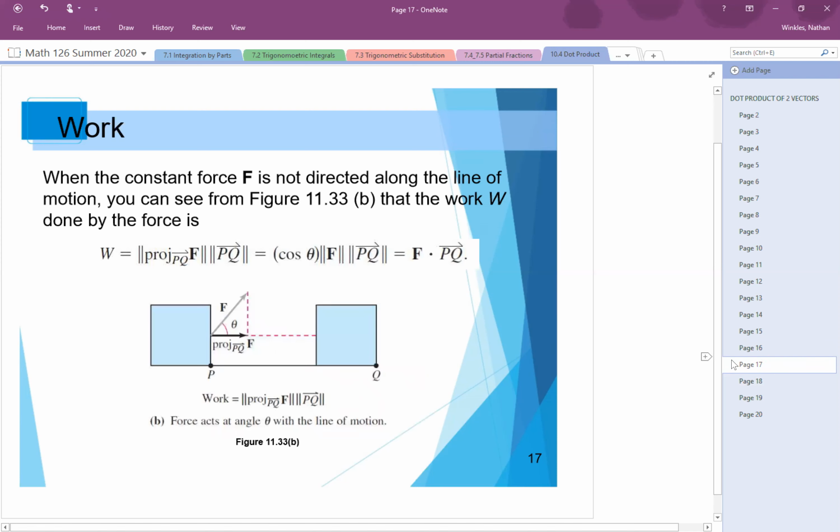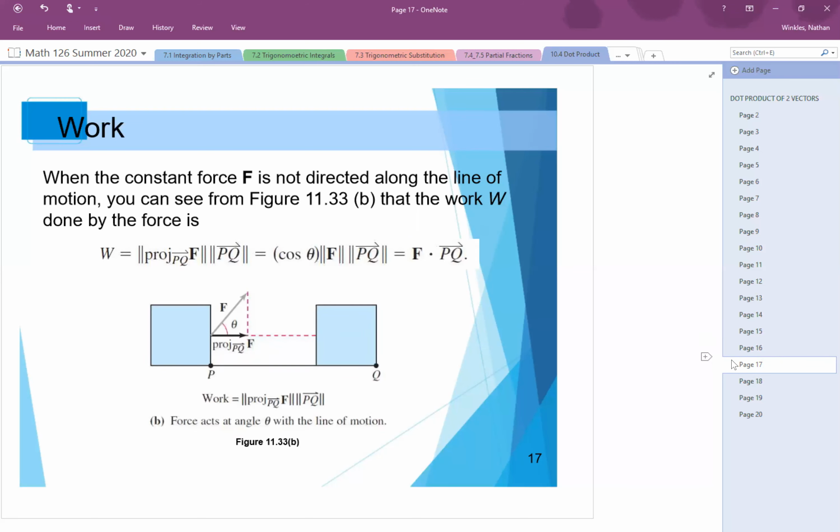When the constant force F is not directed along the line of motion, the work W done by the force is given by a slightly different formula using projections. Work is equal to the magnitude of the projection of F on PQ times the magnitude of the vector PQ.